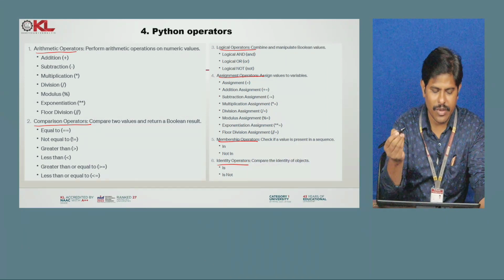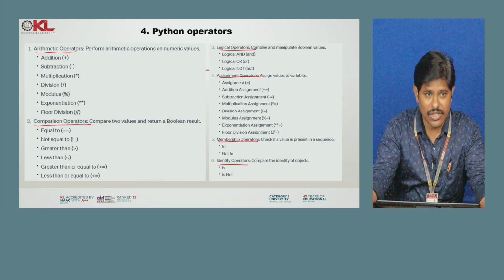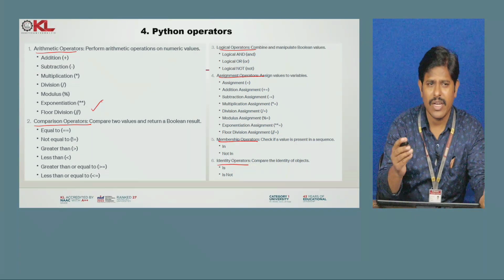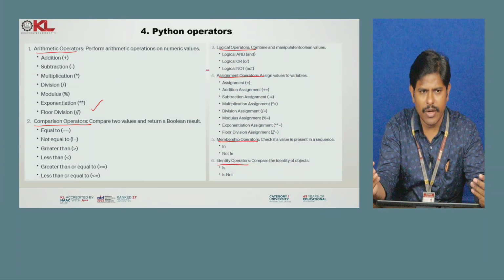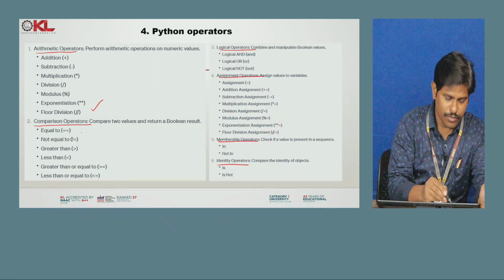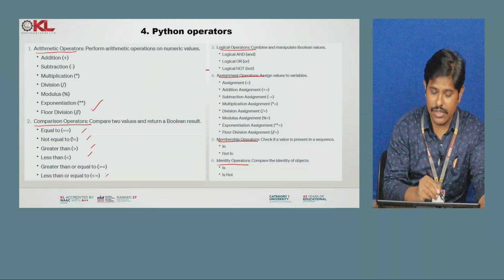In arithmetic you have addition, subtraction, multiplication, division, modulus, exponentiation, and floor division. Comparison is where we try to compare two variables or two numbers or two data sets. They can be equal to, not equal to, greater than, less than, or less than or equal to.